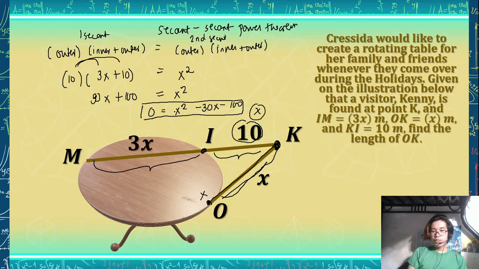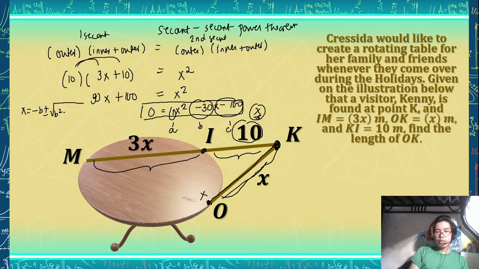Here the value of a is equal to 1, the value of b is equal to negative 30, and the value of c is equal to negative 100. We're going to solve for the value of x. x is equal to negative b plus or minus the square root of b squared minus 4ac, all over 2a.